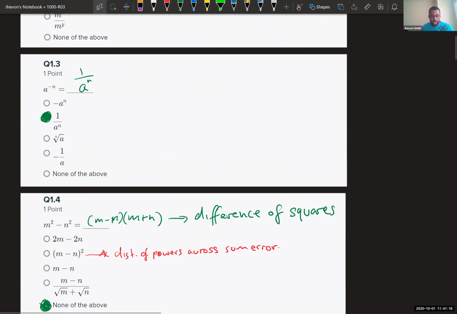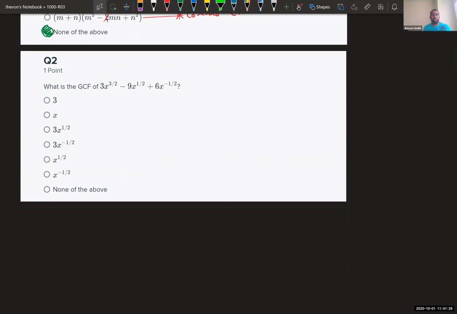So question two is the first one where we had to do some sort of calculation. It's not really a general formula. How do we go about finding the GCF? It's 3x to the negative 1/2. Right, so it's going to be 3x to the negative 1/2.